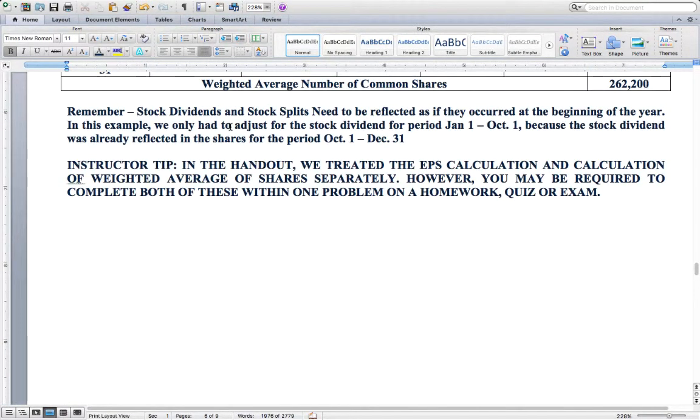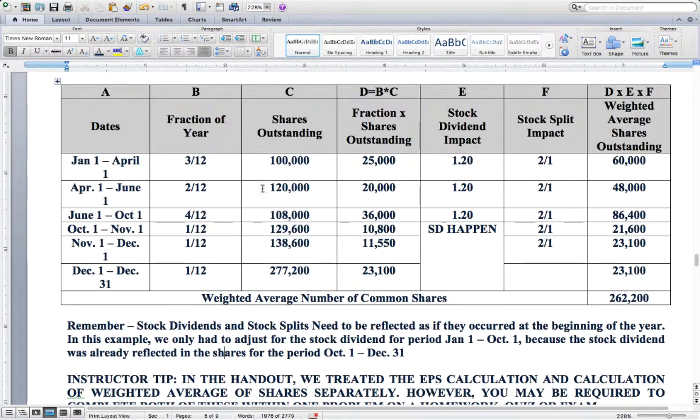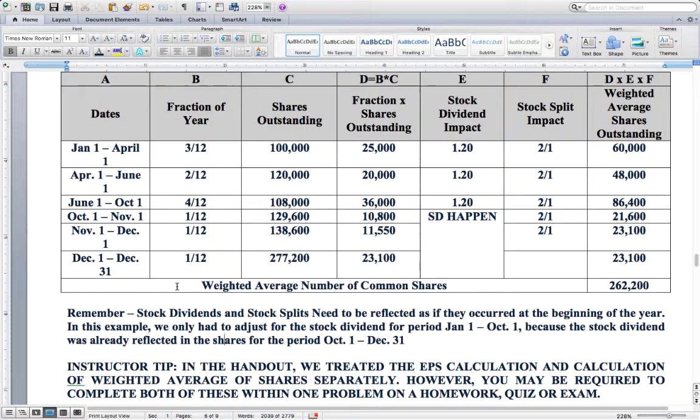I would like to note, just to remind you, that stock dividends and stock splits need to be reflected as if they occurred at the beginning of the year. In this example, we only had to adjust for the stock dividends for the time period January 1 through October 1 because the stock dividend is already reflected in October 1 through December 31st, as we talked about in this table. So do not multiply 1.2 here because these are already reflected.